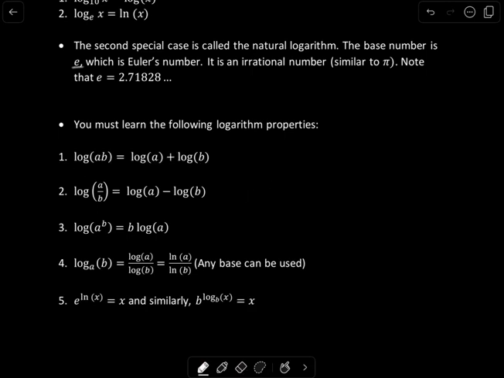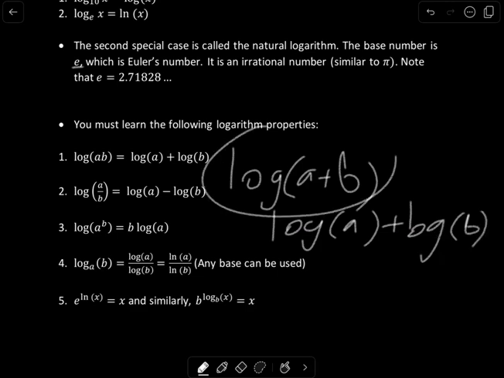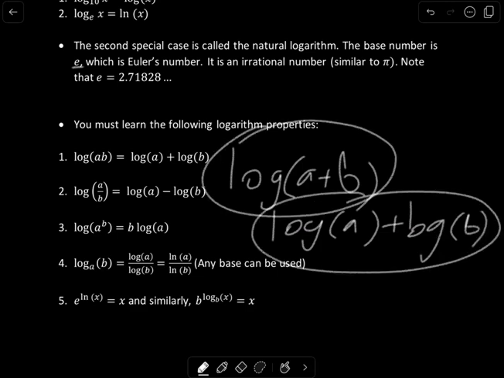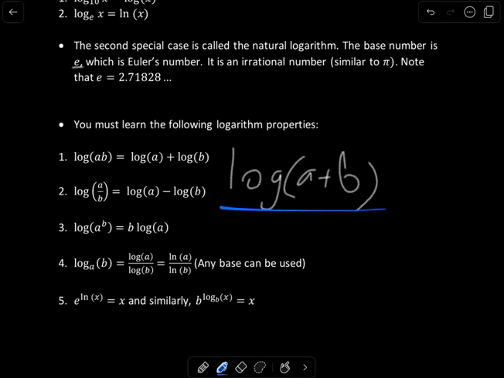Note, you cannot do this. Log of A plus B does not become log of A plus log of B. Going from this and simplifying it to that is totally incorrect. You will have to leave this as is. A and B have to be multiplied by each other in order for you to separate them like so.